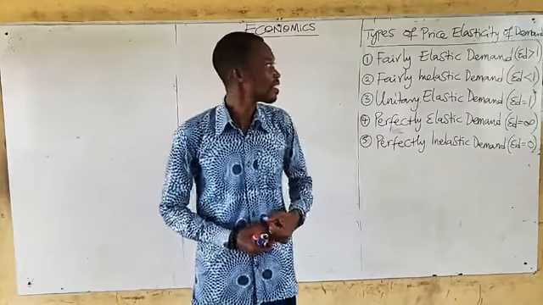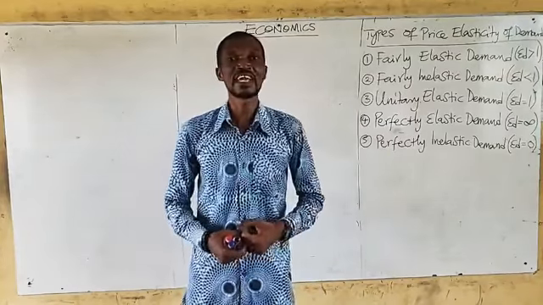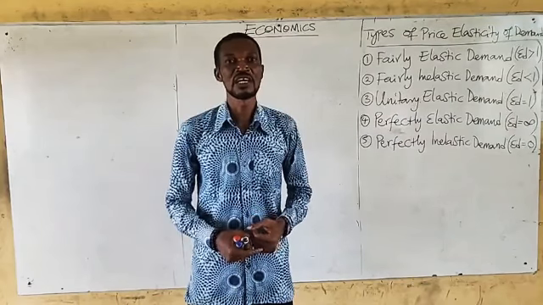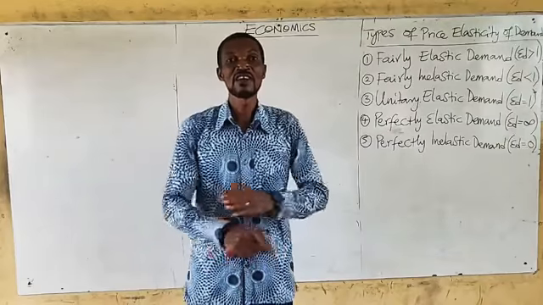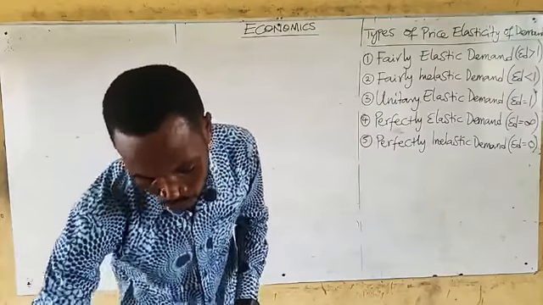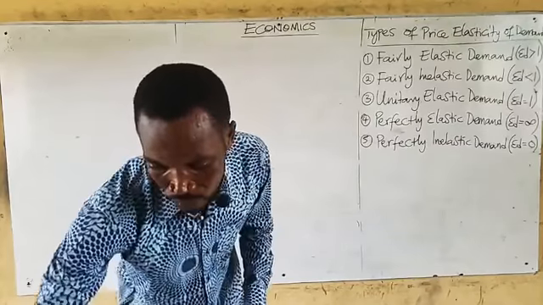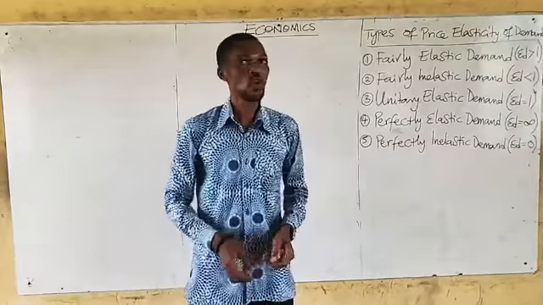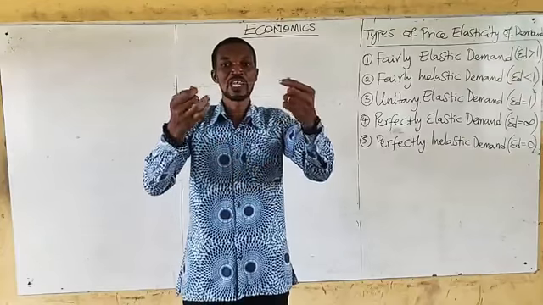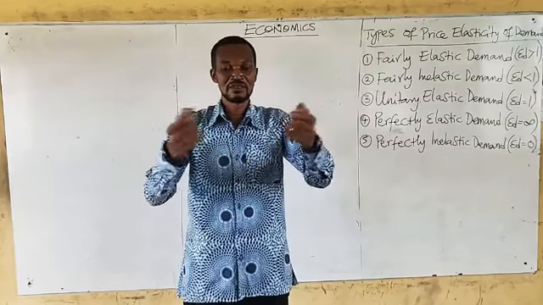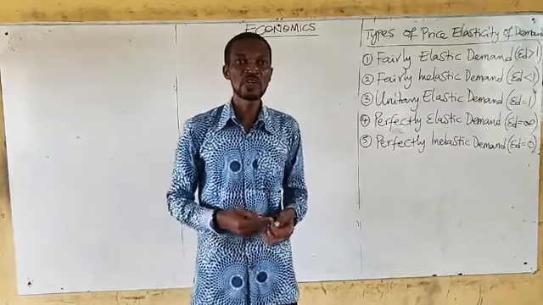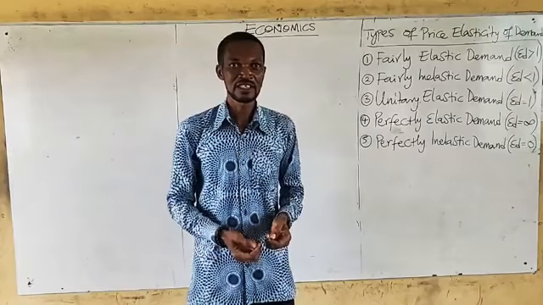So when we say a commodity has fairly elastic demand, what does it mean? It is very easy. Like I told you before, when we talk of elastic material, yesterday I showed it to you: this is one elastic material, a rubber band, very elastic. It can move up and down. Let your mind be on the quantity at this point.